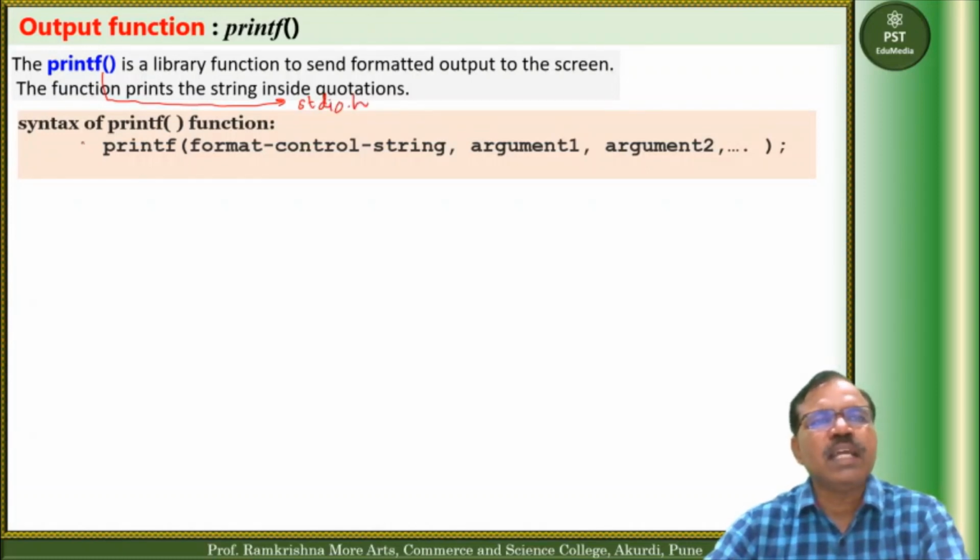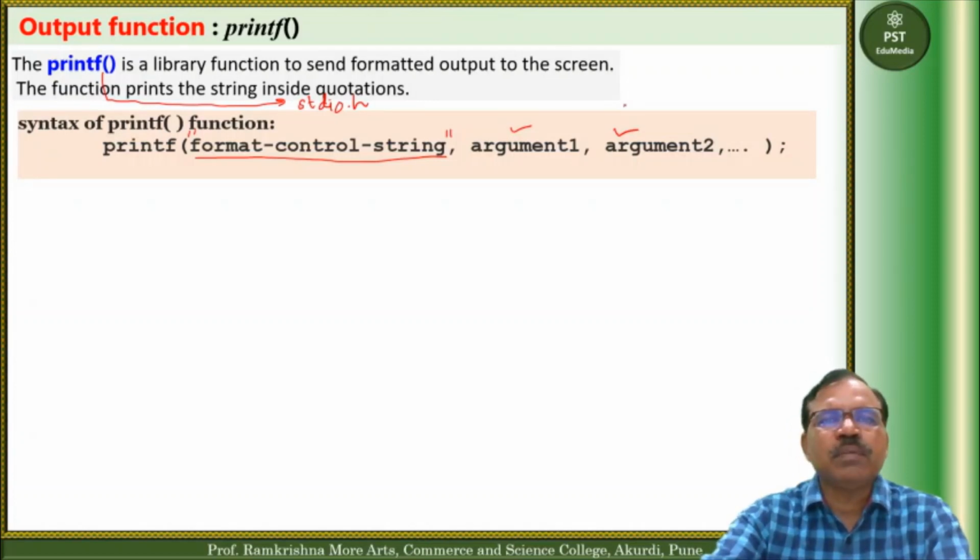The general syntax for printf is printf in brackets, format control string, generally taken in double quotes, then argument 1, argument 2 and so on. You can have a number of arguments. You can use the printf function without arguments also.